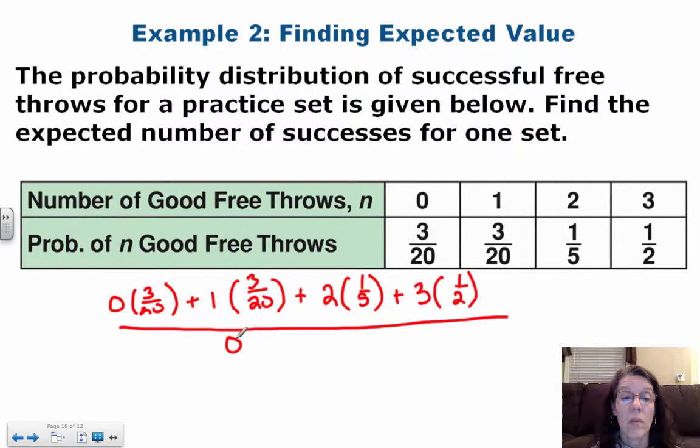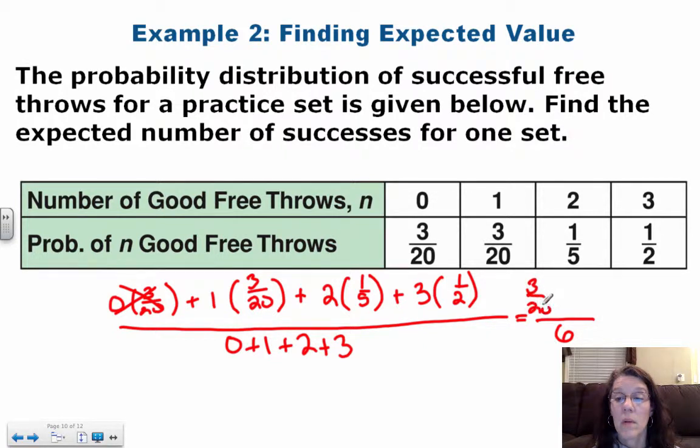So I have 0 plus 1 plus 2 plus 3. So when we add up the denominator, we get 6. This is 0, so we don't have to worry about that. 3/20 plus 2/5 plus 3/2.